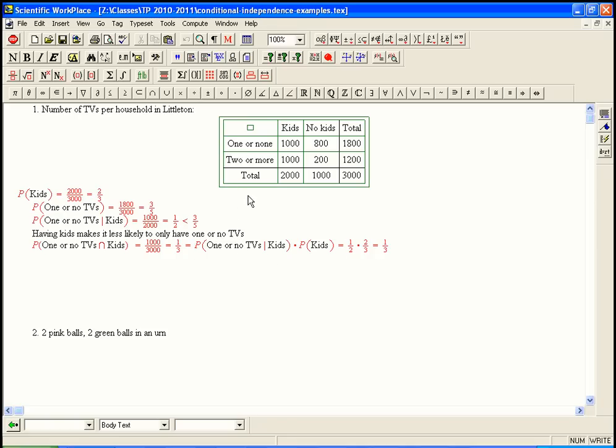There's a lot more we could say about that, but I think that's enough for now. We could ask questions like, look at 2 or more TVs, no kids. Look at these numbers real quick and see if you can figure out, if I tell you the household has no kids, what's the conditional probability of having 2 or more TVs? And how does that compare?